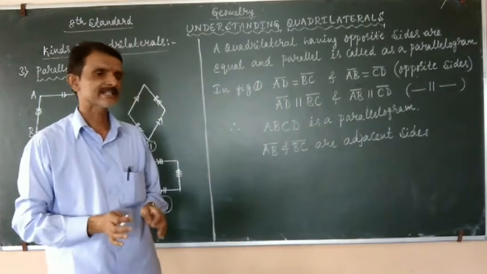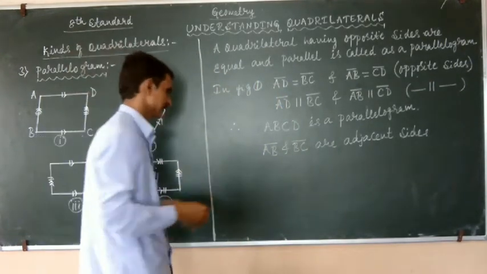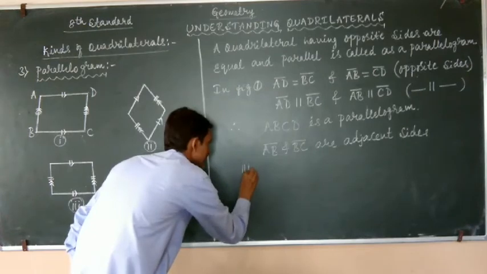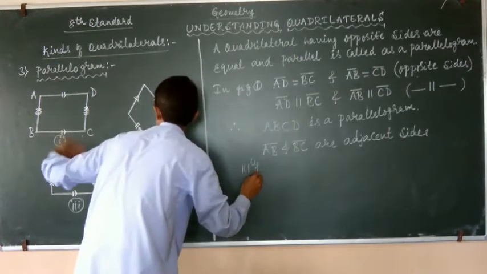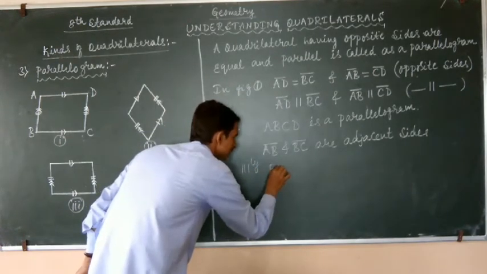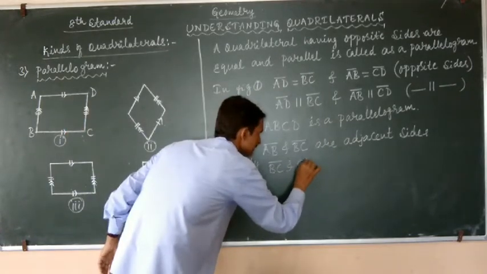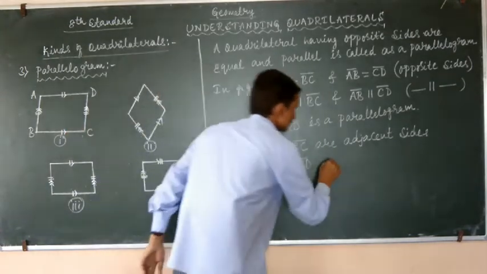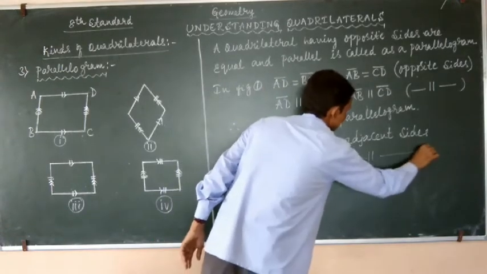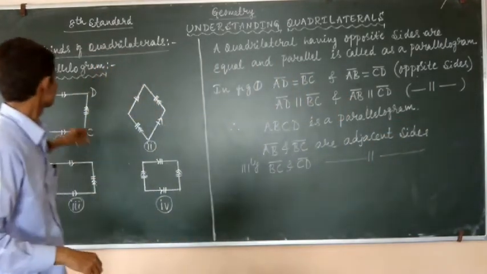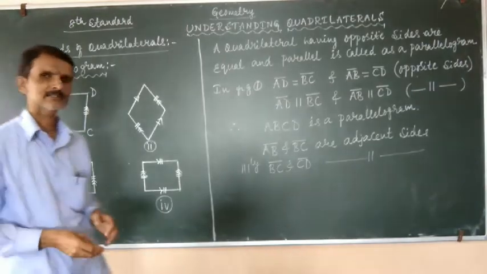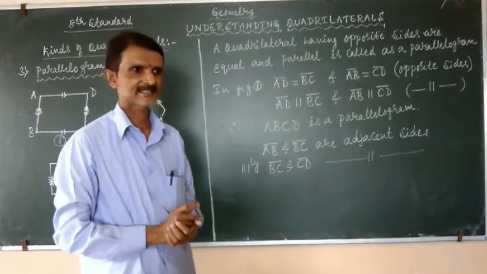Similarly, we can write BC and CD are adjacent sides. So, similarly, you can write the other adjacent sides.